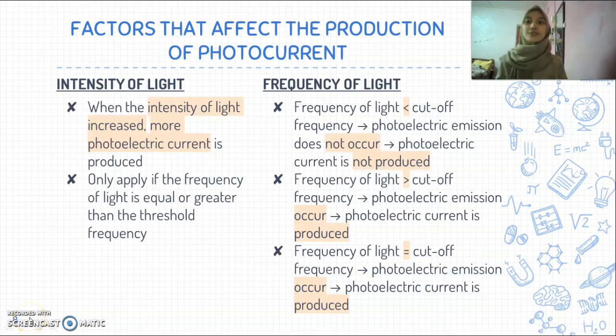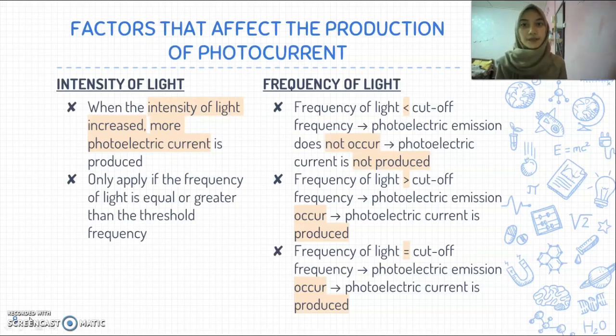Hi everyone, so I will continue the presentation with the factors that affect the production of photocurrent. The photoelectric current is produced as a result of photoelectric effect. Therefore, understanding the factors which influence the photoelectric effect is very important.